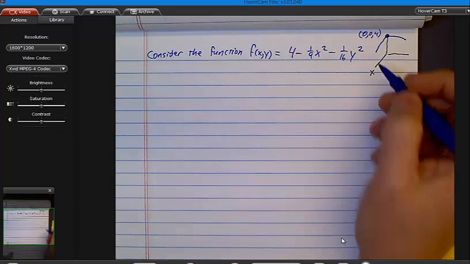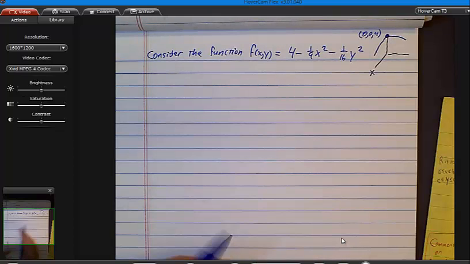And so the surface, let me draw the rest of it, this is my x, y, z.